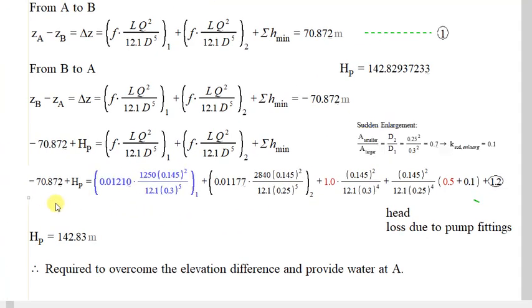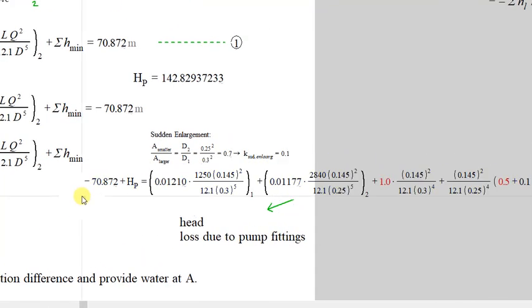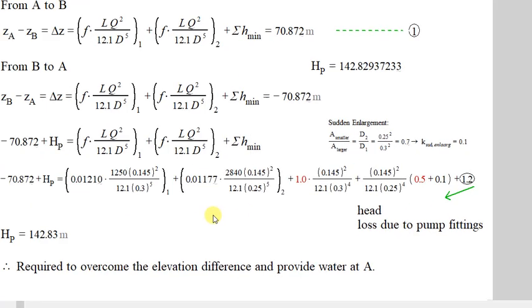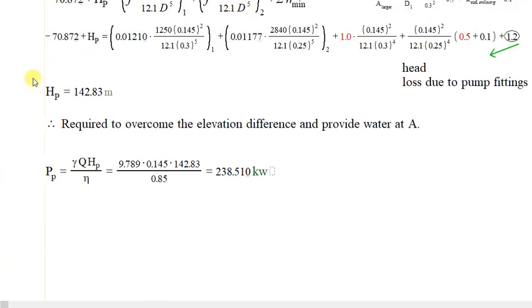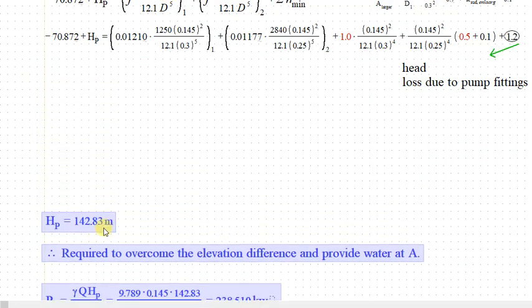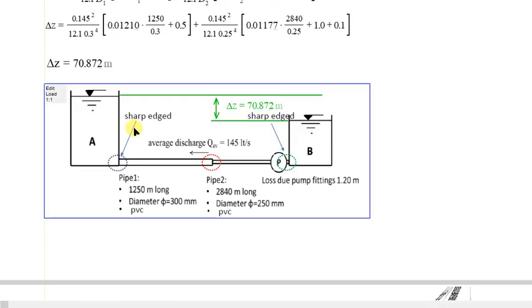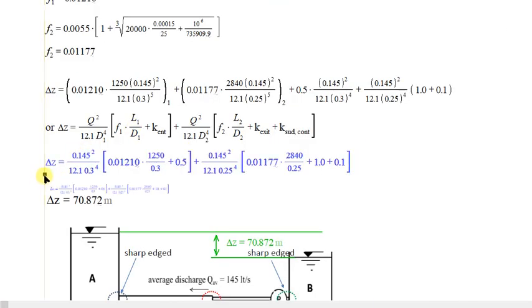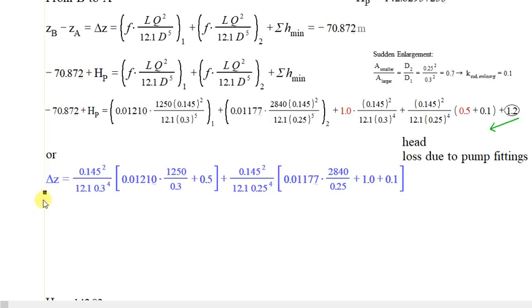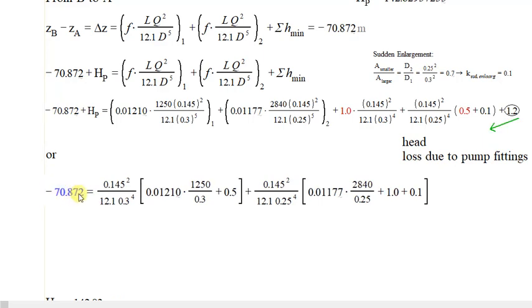For writing, I don't prefer this type of writing. I prefer this way, as I did here. Yes, this one: minus 70 plus head of the pump.